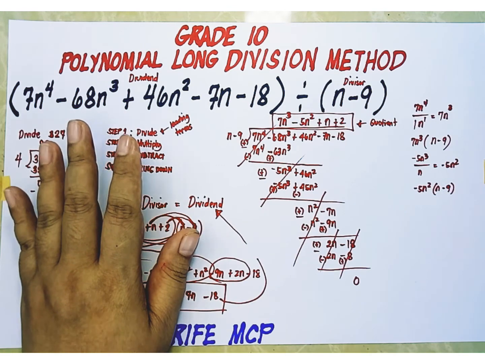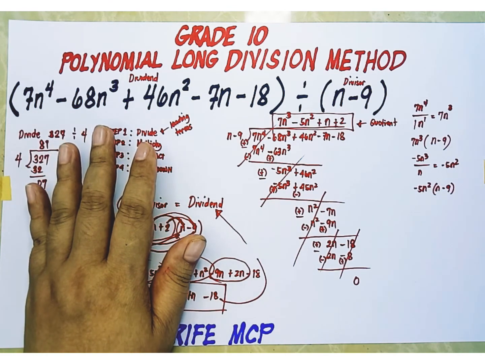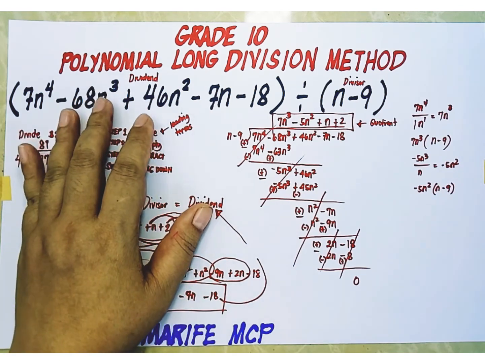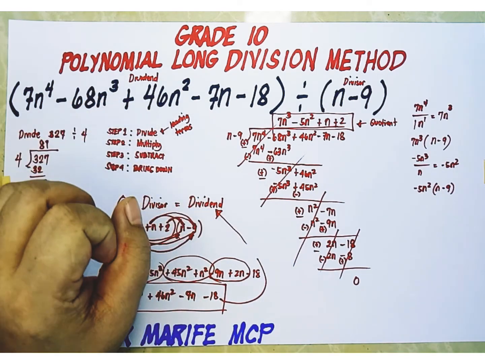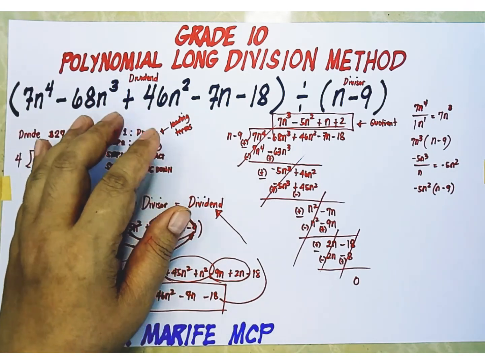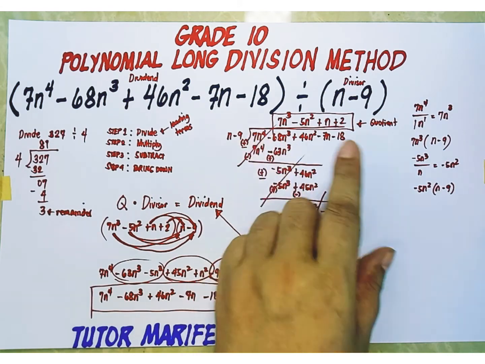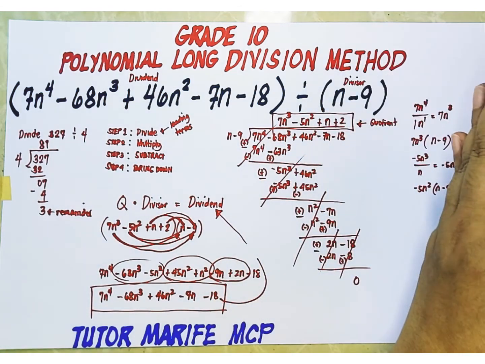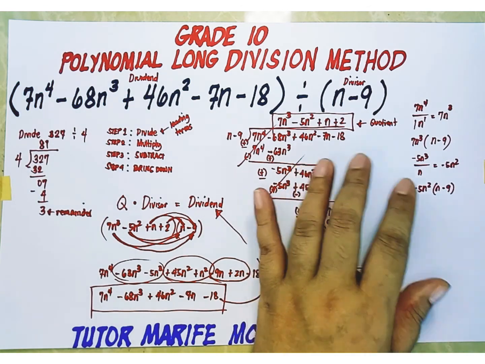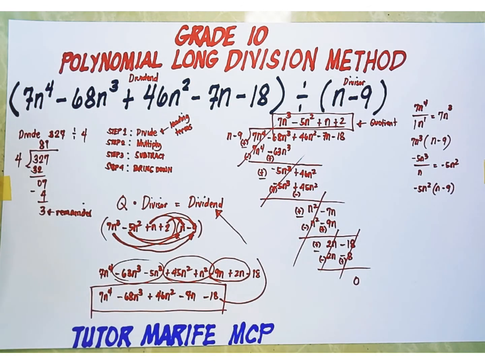So merong kang gagawin na pag-i-insert ng missing power, i-insert mo yung missing power pero gagamitan mo ng numerical coefficient na 0. Or pag siniset up mo na yung problem using the long division bar, mag-leave ka ng space or gap para dun sa missing power na yon. So magsasolve din tayo ng ganong klaseng polynomial dividend sa ibang video para maintindihan ninyo kung ano yung sinasabi kong missing powers. Okay? So I hope nakatulong ito.